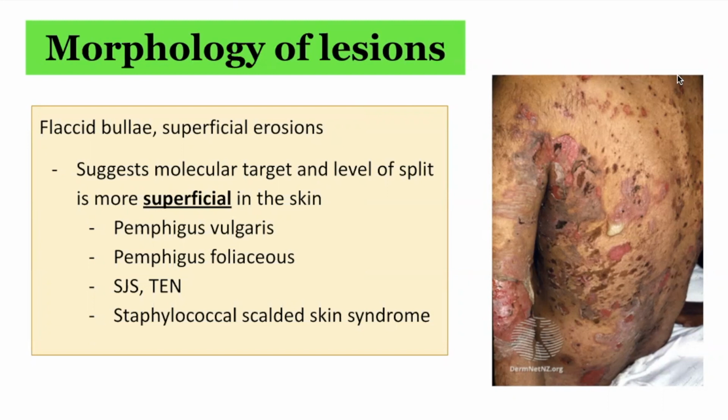So this suggests to us autoimmune as well as other blistering conditions which target superficial proteins in the skin. This includes pemphigus vulgaris, pemphigus foliaceus, drug-induced eruptions such as Stevens-Johnson syndrome and toxic epidermal necrolysis, as well as staphylococcal scalded skin syndrome.